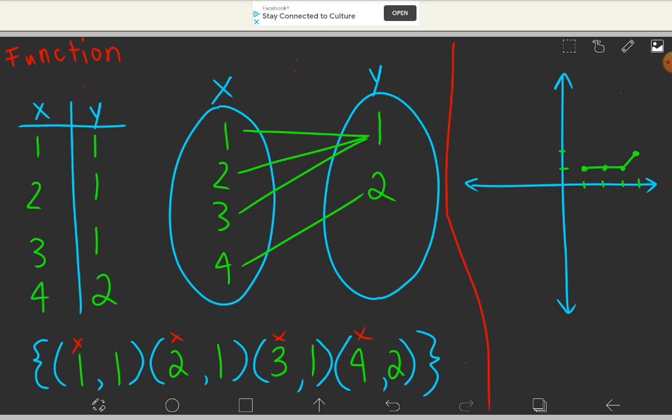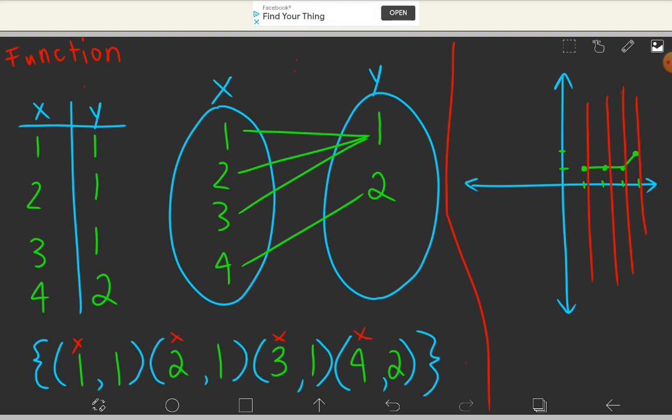Now moving on to the graph, we can use the vertical and horizontal line tests. So first we do the vertical line test, make sure it only intersects with the graph once. Oh, and by the way, these are points, so it doesn't make sense for the graph to be connected, but it's just easier to see that way. Alright, so we're going to do the vertical line test. Just draw vertical lines.